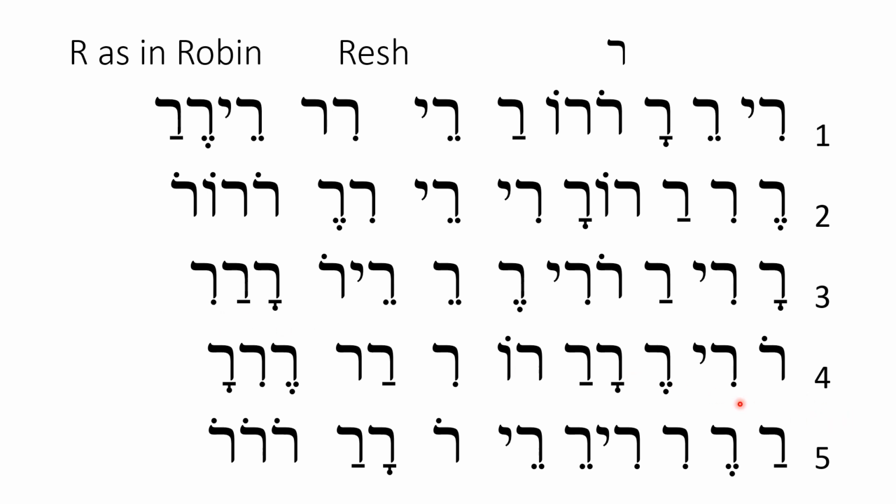Ro, ri, re, ra, ro, ri, re, ri, ra. Hard to do that all in a row. Line 5.